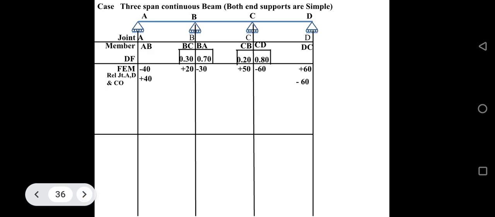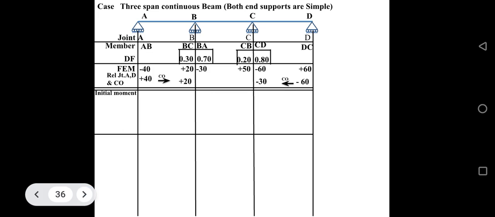Similarly at joint D, a moment of minus 60 is applied. Now you are supposed to carry over half the moment with the same sign. The moment of 40 is carried over with the same sign, half moment. Similarly, half moment with the same sign is carried over at C.